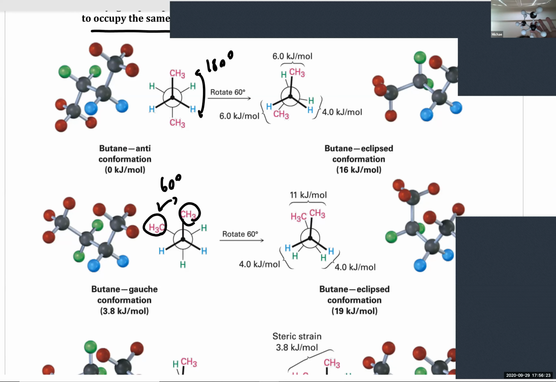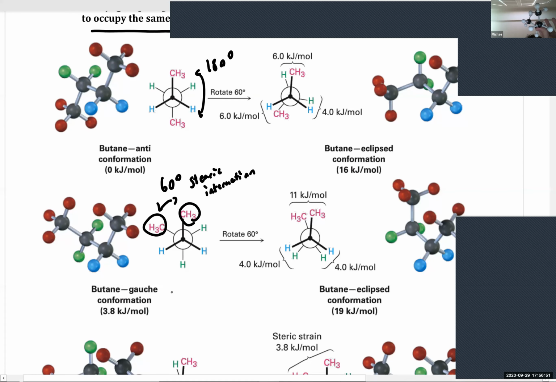They take up more space than your typical hydrogen. So these methyl groups are both trying to occupy the same region of space, and in turn, we have what's known as a steric interaction, where both of our substituents take up space and are trying to occupy the same region of space.